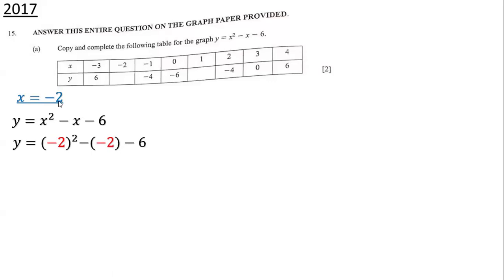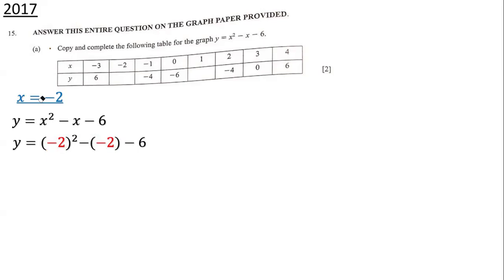We're gonna put -2 squared, and then -2 right there. Again, wherever we see x, we're gonna put -2. Does this make sense so far? Let me know, please. Yes, sir.